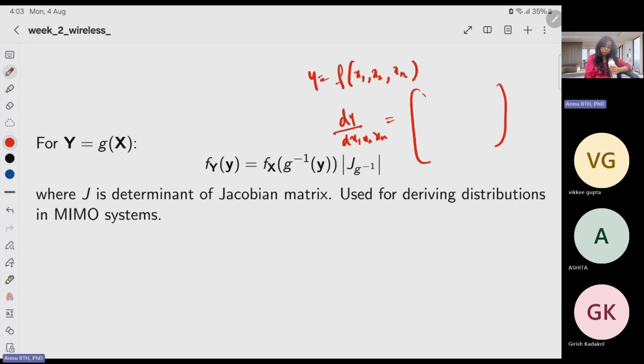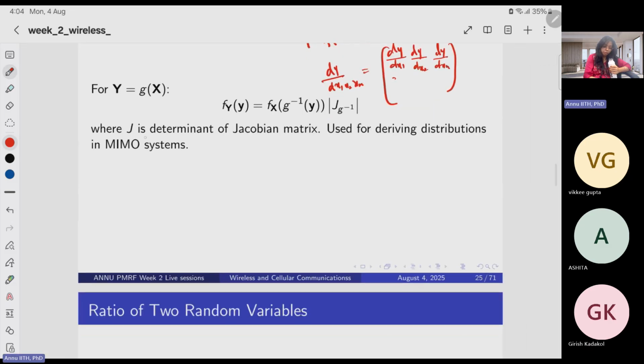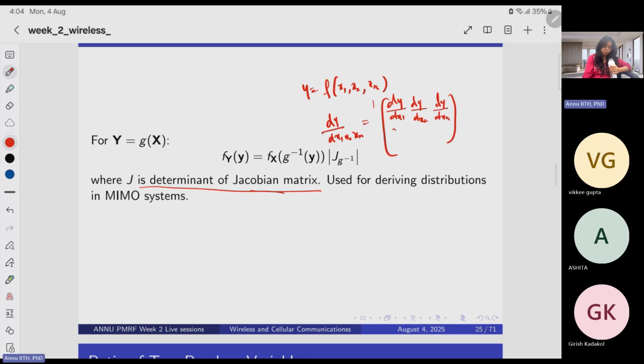The Jacobian J is the determinant of the Jacobian matrix.